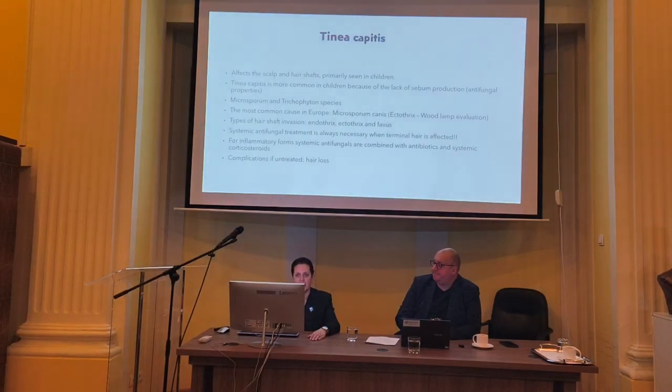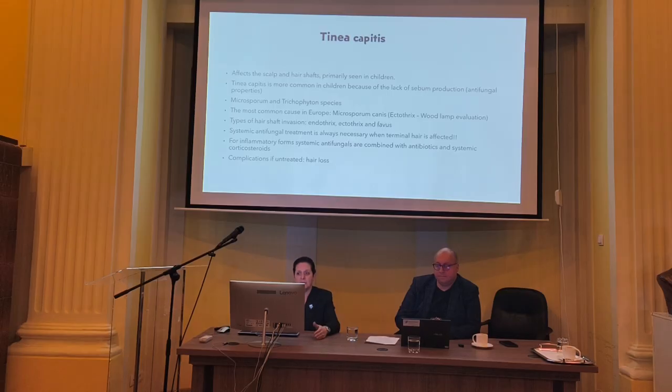Then we have tinea capitis, which affects the scalp and hair shafts, primarily seen in children because in children we don't have this sebum protection, therefore they're more susceptible. And which one is the most common one? I would say Microsporum canis, and as its name says, it is usually transmitted from dogs or cats.